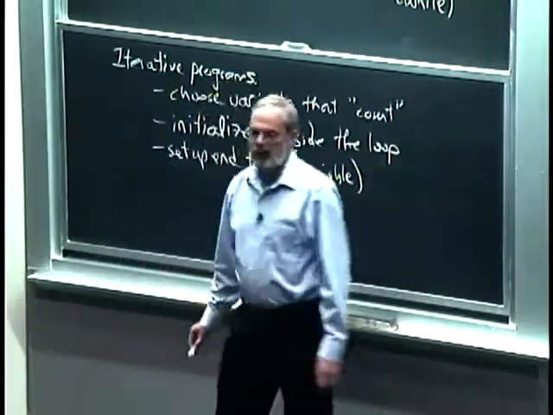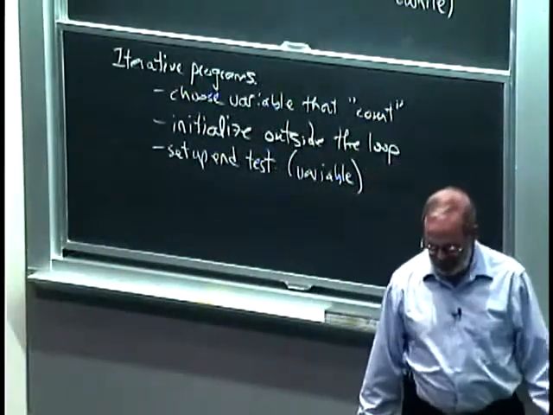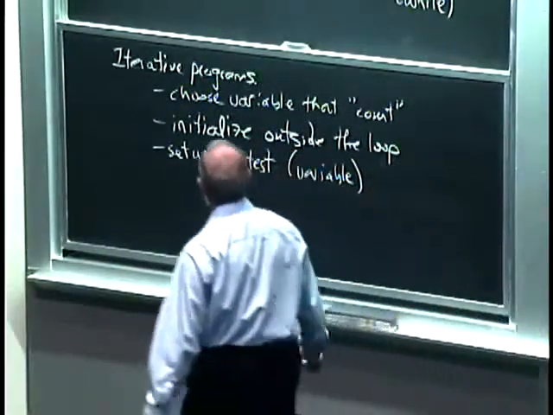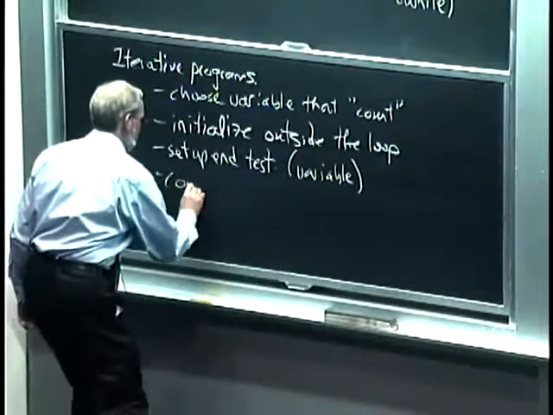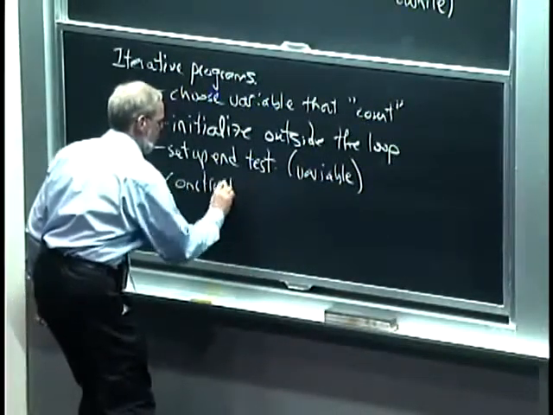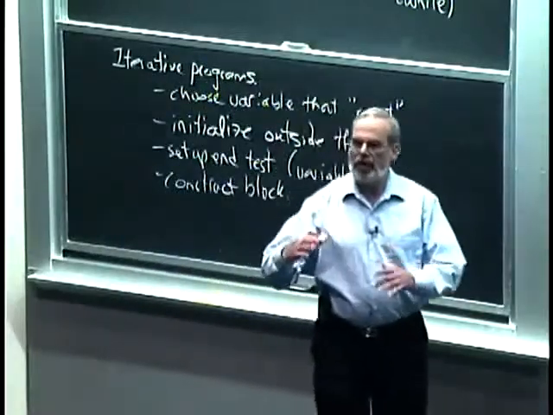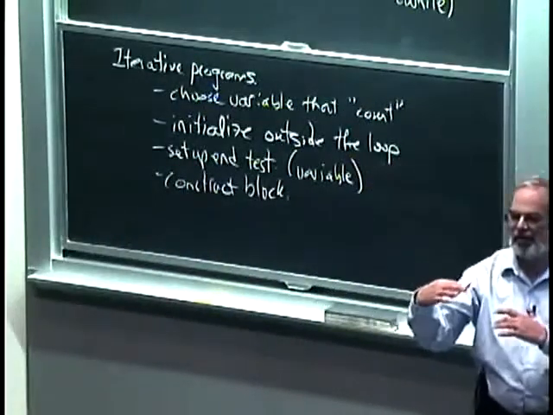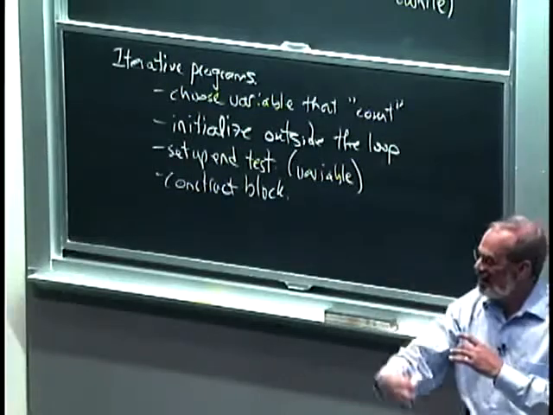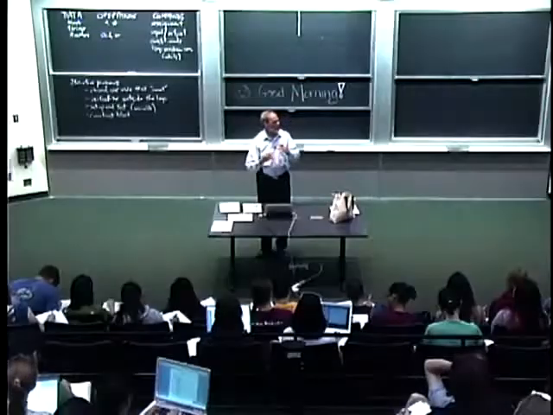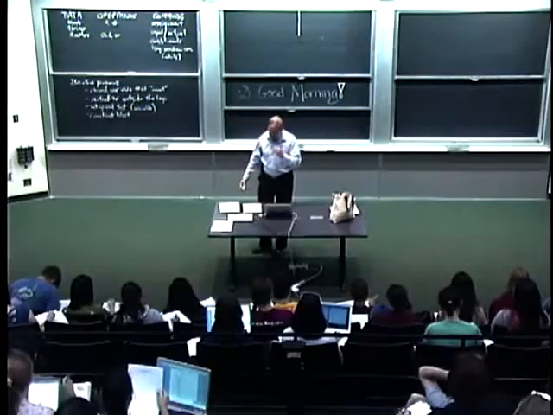All right, the fourth thing I'm going to do is construct the block of code. I want to remind you that the block of code is a set of instructions, the same set of instructions that are going to be done each time through the loop. All that's going to change is the value of the variable or the value of some data structures.